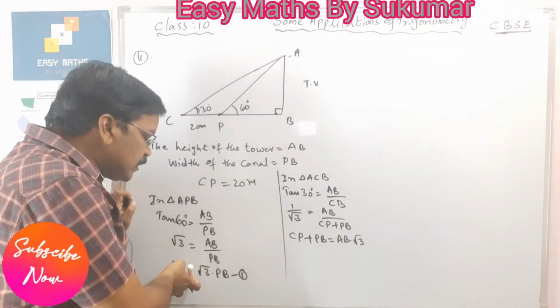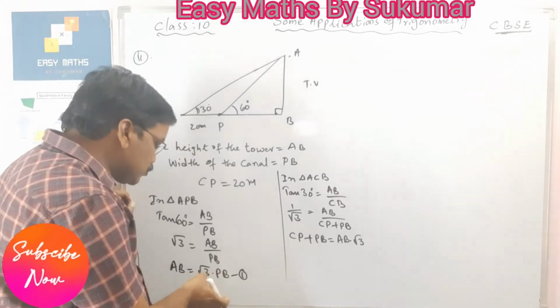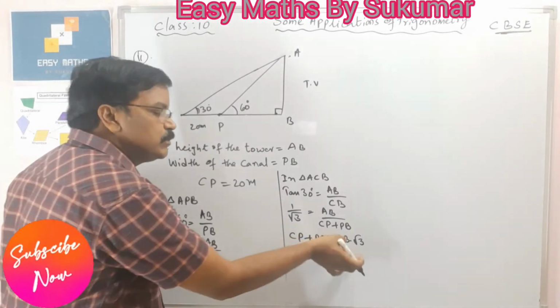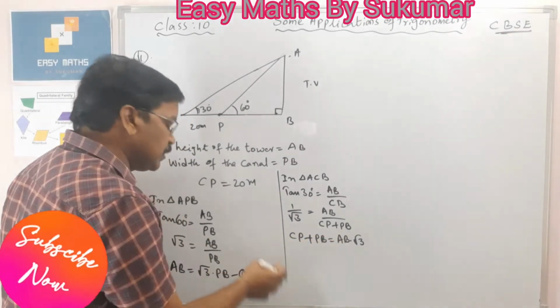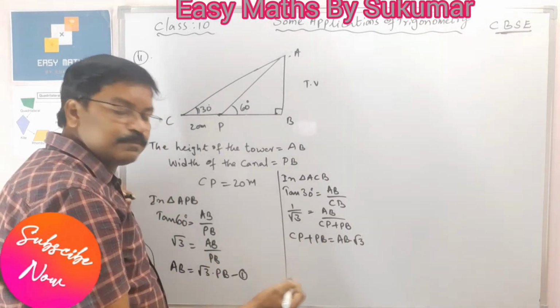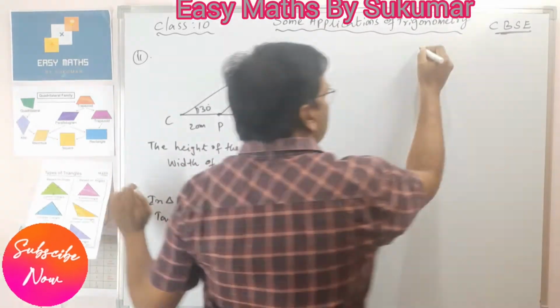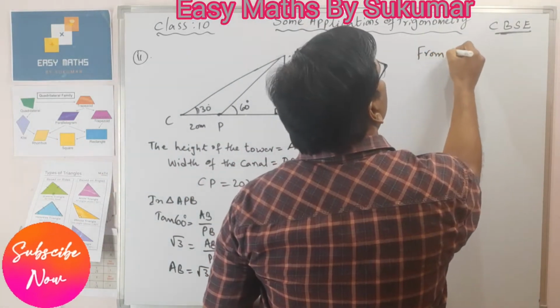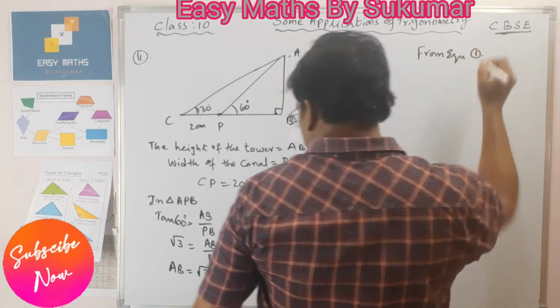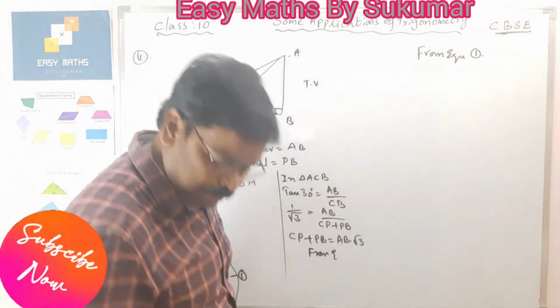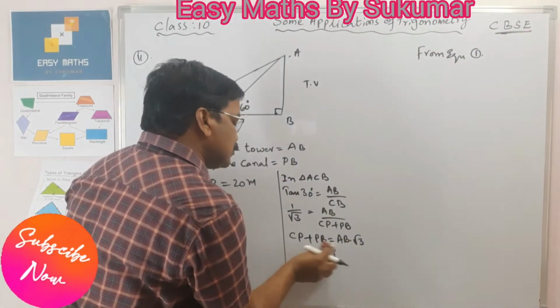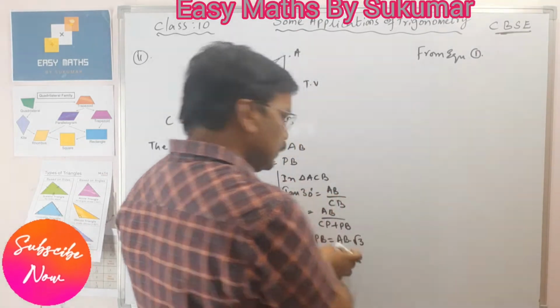So my dear students, here AB means what? From equation 1, AB is equal to root 3 PB. Let us substitute this value instead of AB.